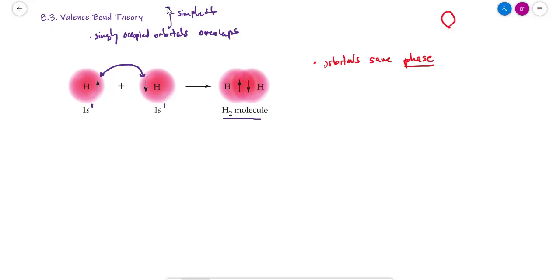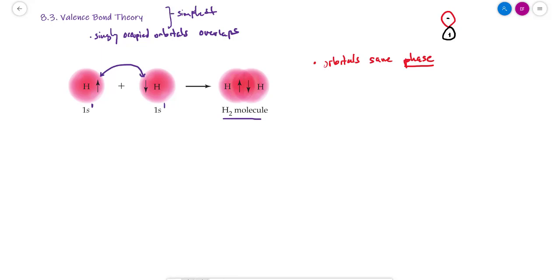But p orbitals actually had two different phases, one positive, one negative, and that becomes really operative here. We need to make sure that when two singly occupied orbitals overlap, they're overlapping with the same phase in order to form a bond under this simple model, valence bond theory.